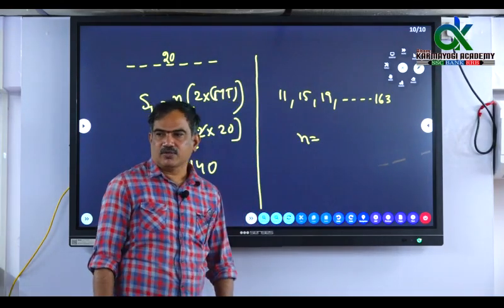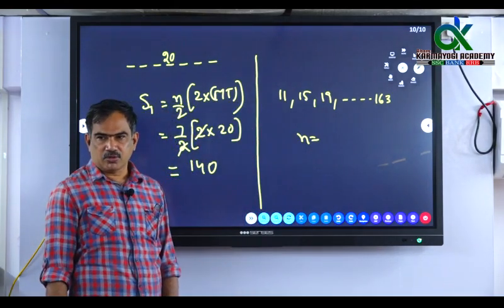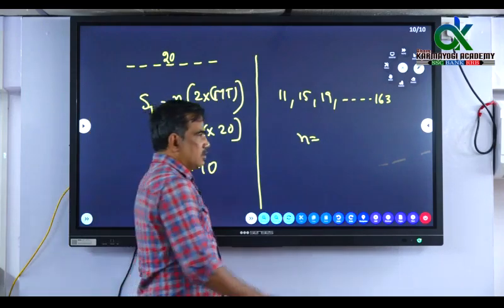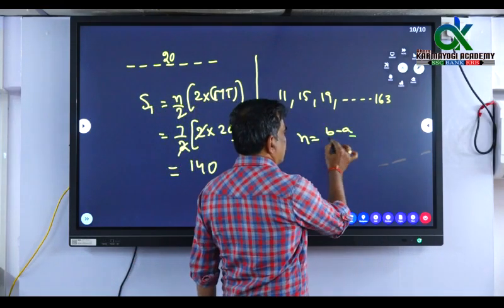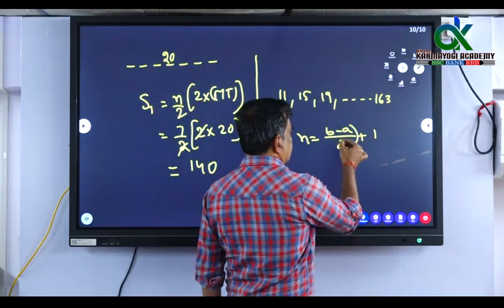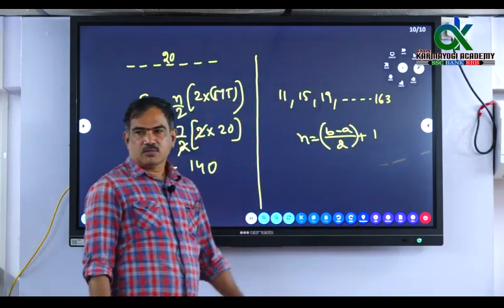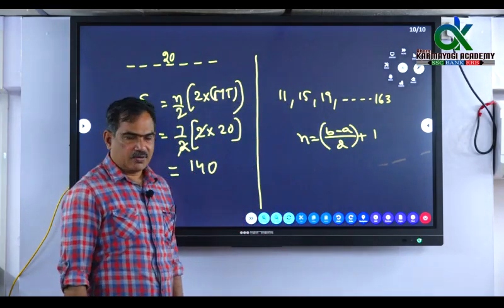What is the formula to find the number of terms in an arithmetic progression? (B minus A) by D plus 1: last term minus first term by common difference, plus 1.